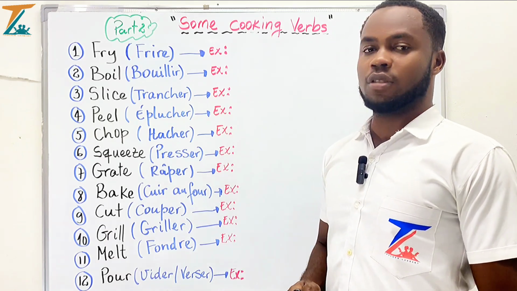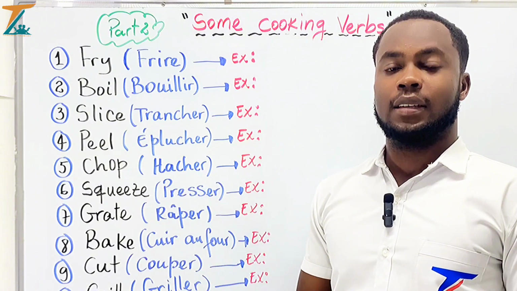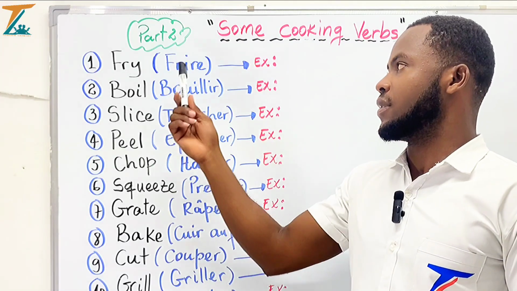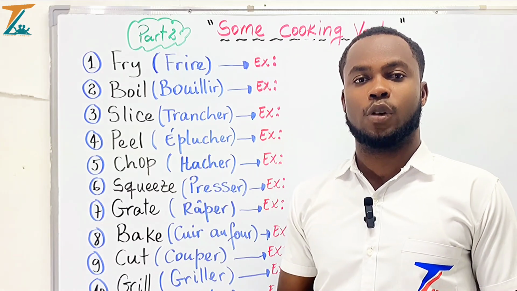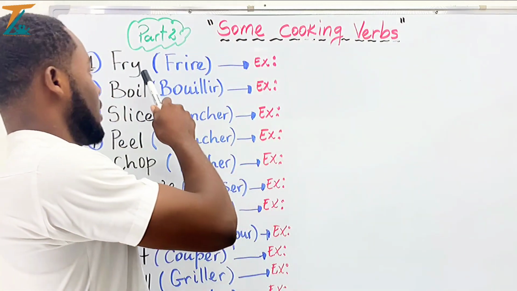Okay, so the first verb that we are going to learn today is fry. Can you repeat that? Fry. Fry means frire. Okay, so when you want to talk about something that you like to fry, you say fry.